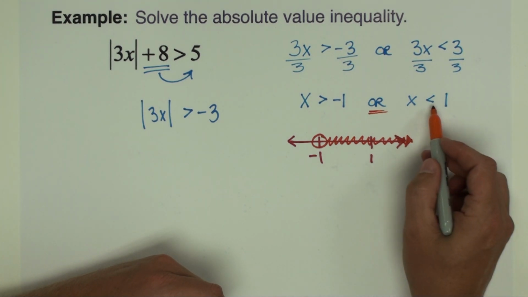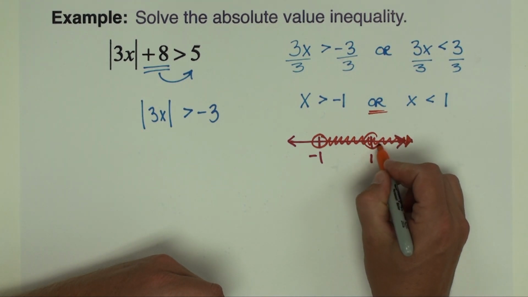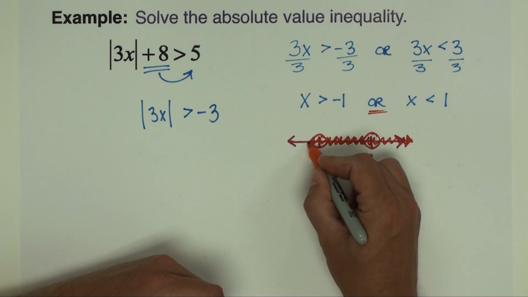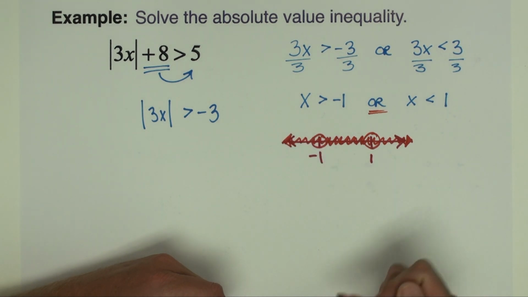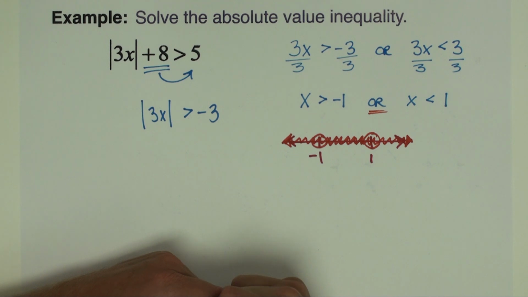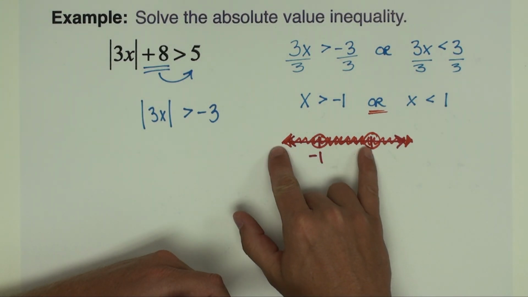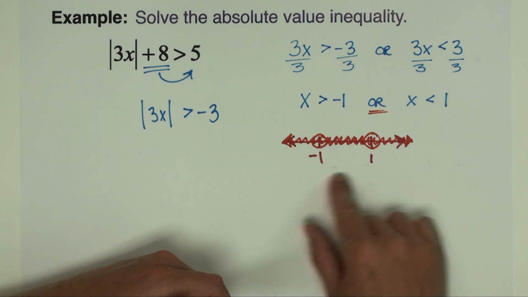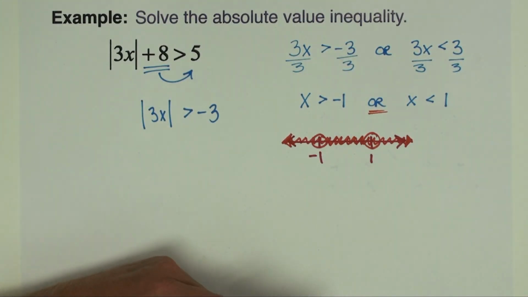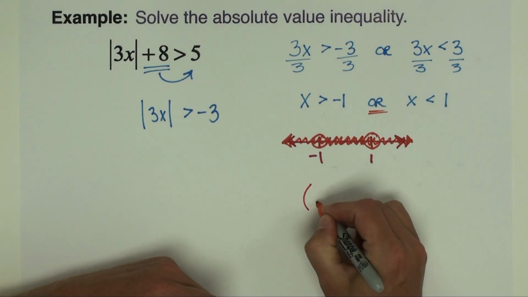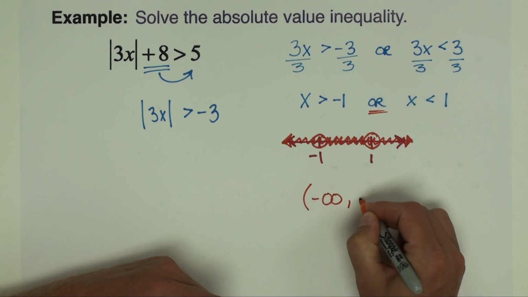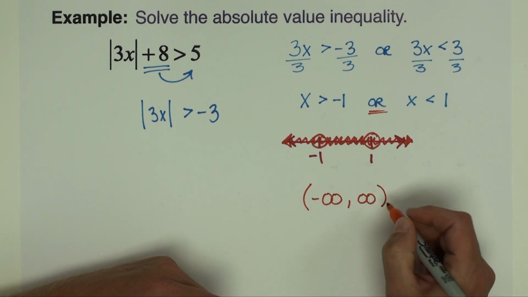Or we want numbers that are less than positive 1, like so. Because solutions can be in either this region or in this region, and we've shaded the entire number line, the solution then is everything from negative infinity to positive infinity.